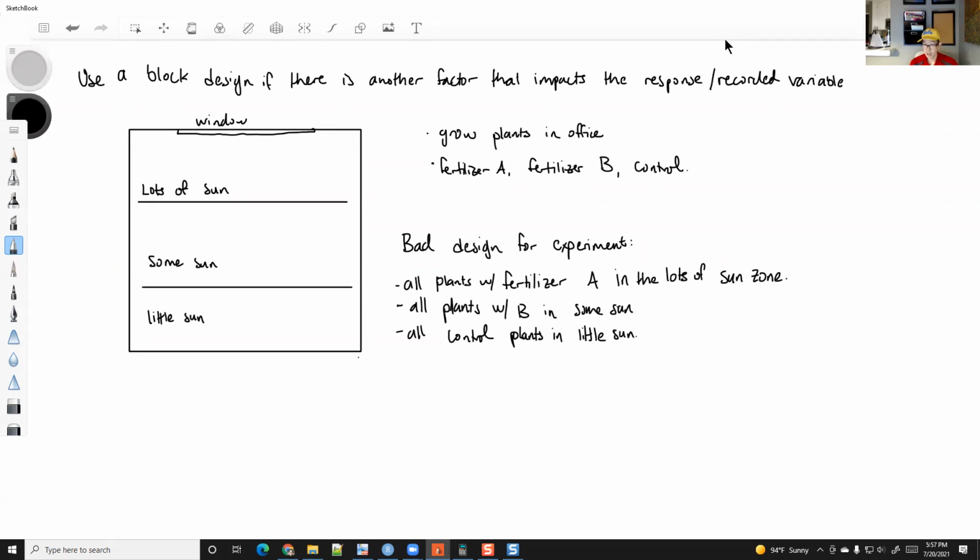Because maybe at the end of the study, fertilizer A grows the tallest, fertilizer B is next, and control grows the least.